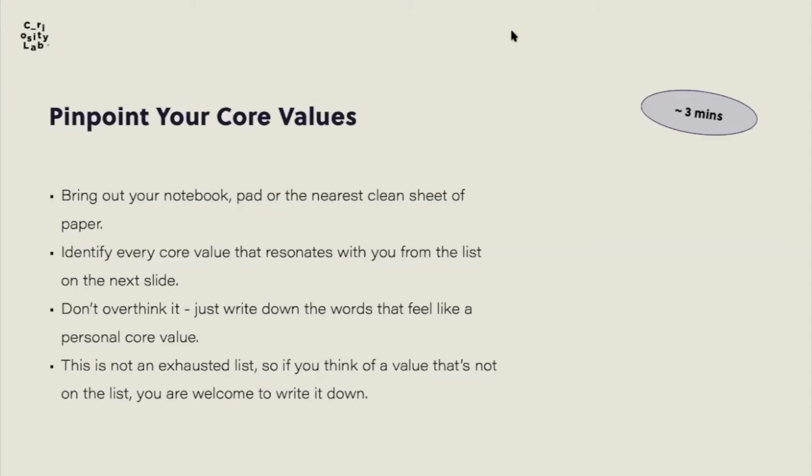Now would be time to pull out a notebook or sheet of paper. On the next slide, we're going to display a bank of keywords. The way I recommend is scanning these words and seeing if you get a reaction, an activation somewhere throughout your body, and write that word down. Pick every single word that resonates with you because you'll have time to edit through the words.